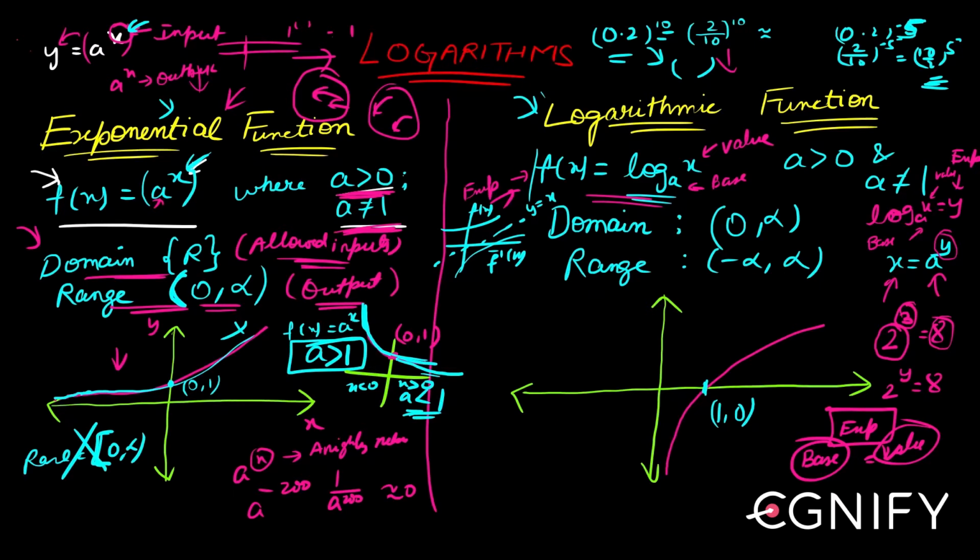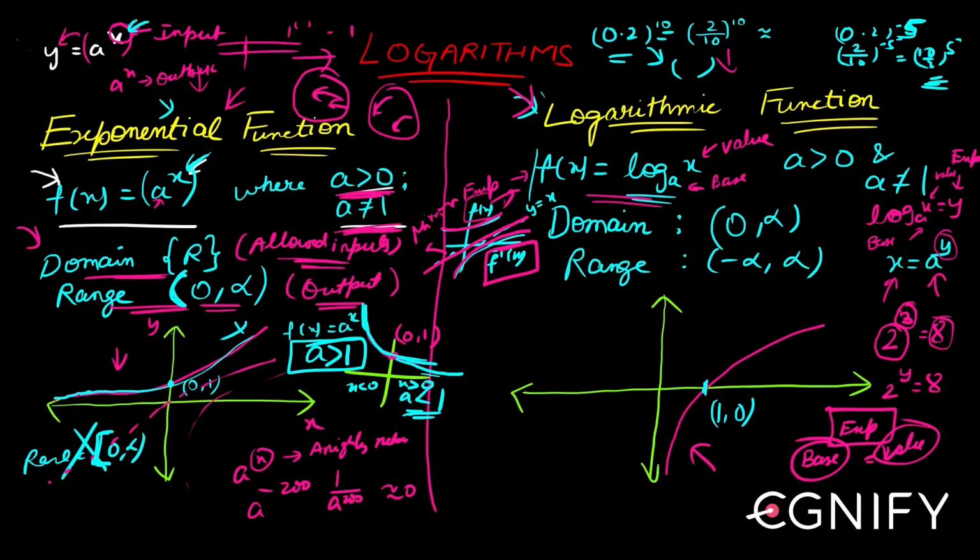So if you have a function's graph given with you, and if you treat y equal to x as a mirror, then the mirror image that you get is the graph for the inverse of the function. So logarithmic function is the inverse. So if I have a mirror here, then it will look something like this, right? So your logarithmic function, as you can see, is looking something like this.